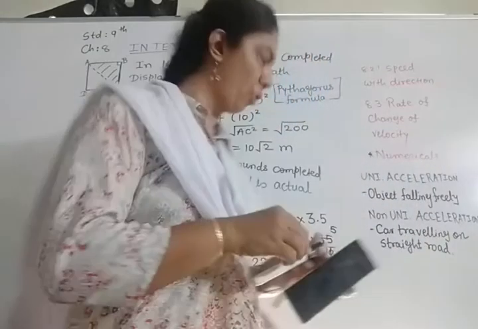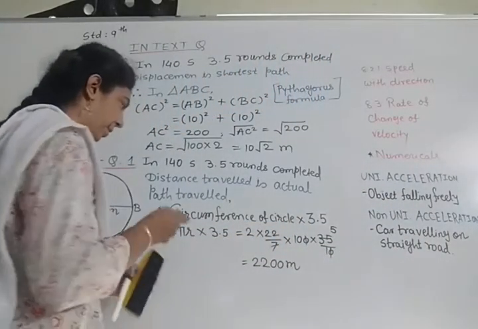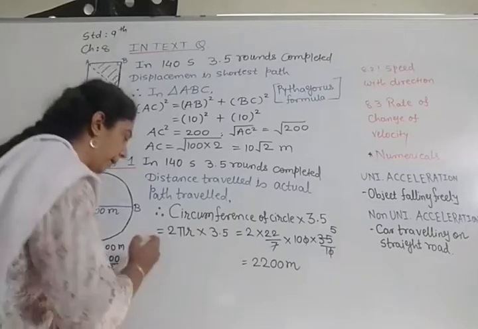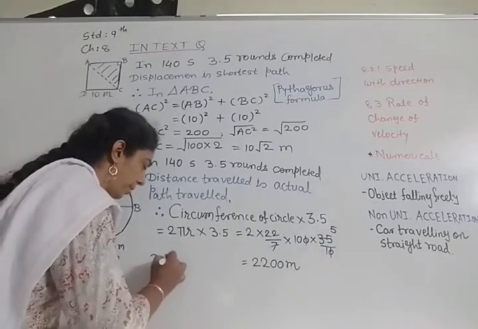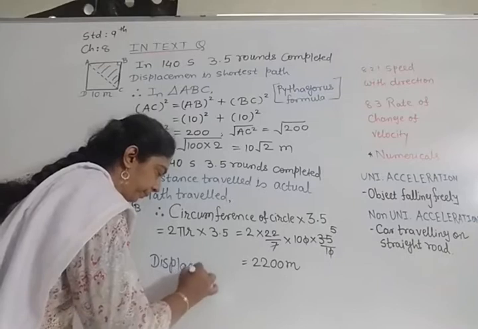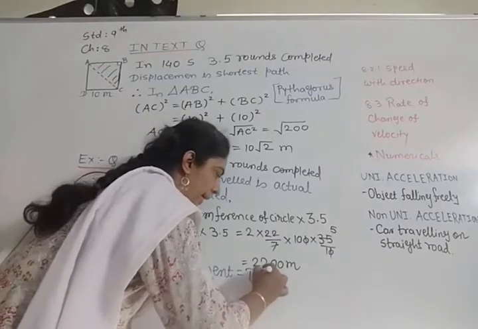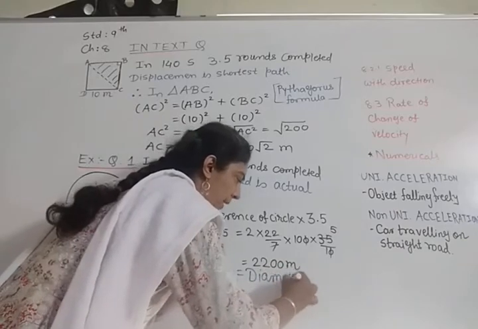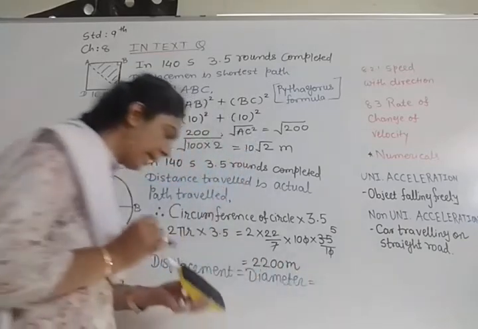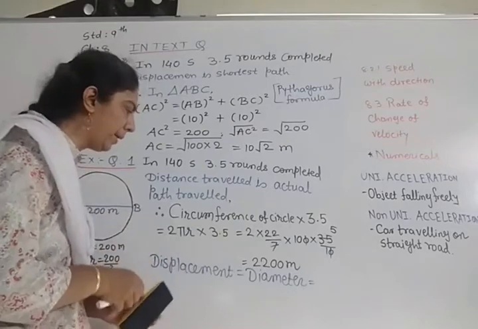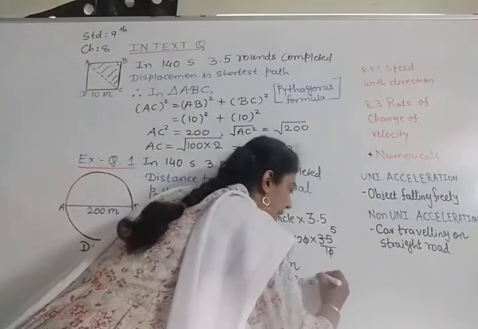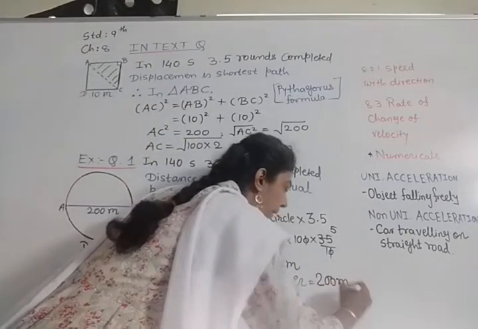So the displacement travelled by the athlete equals the diameter, and the diameter of the circle is given as 200 meter. So displacement is only 200 meter.